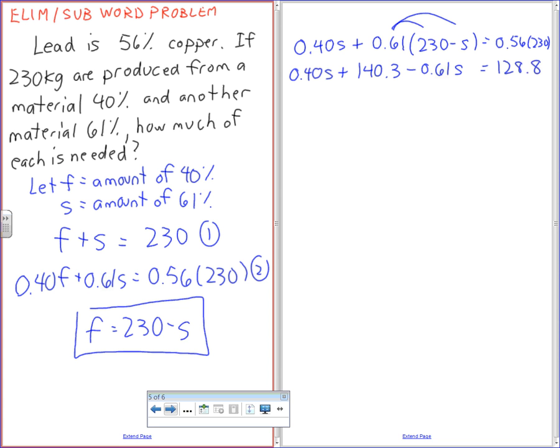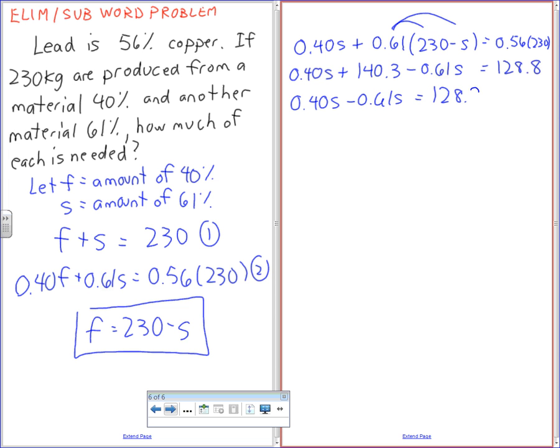So it'll be positive 0.61. Okay. I'm going to maybe move the 140 instead. What does the 140 change into when I move it across? Yeah, opposite sign, so negative 140.3. Alistair, can you neaten that up for me, please?